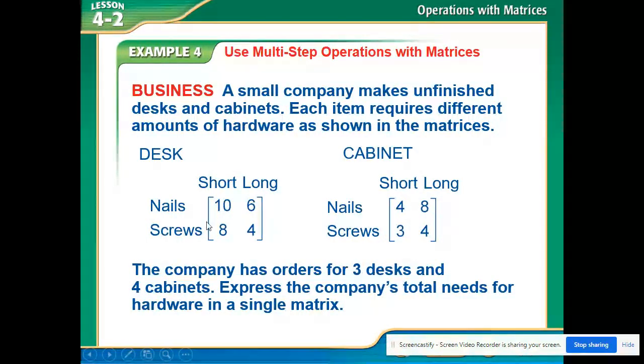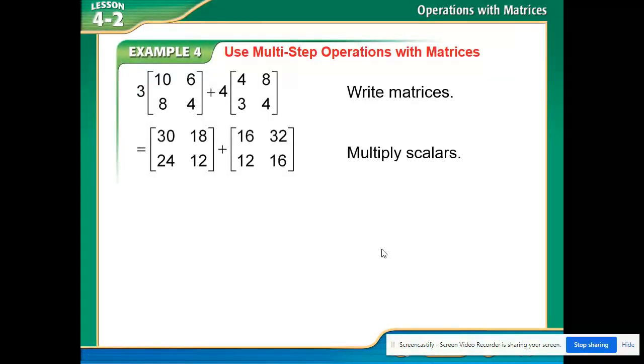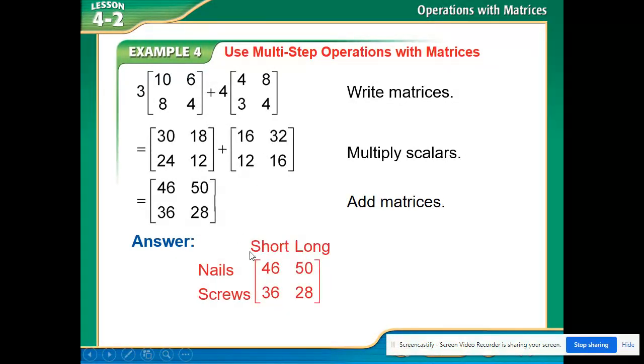So we're going to do 3 times our desks and 4 times our cabinets. Multiply them out. 30, 18, 24, 12, 16, 12, 32, and 16. Add them together, and so we're going to need 46 short nails, 50 long, 36, and 28. And that could be one way that we go ahead and use this kind of information.